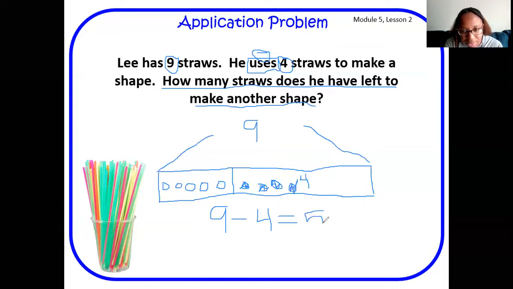So it is equal to 5. And remember, you want to box our answer. All right, now that we box our answer, we have to write our statement.